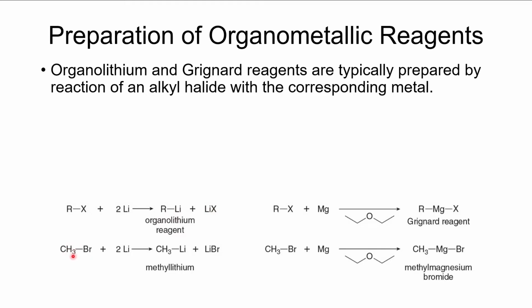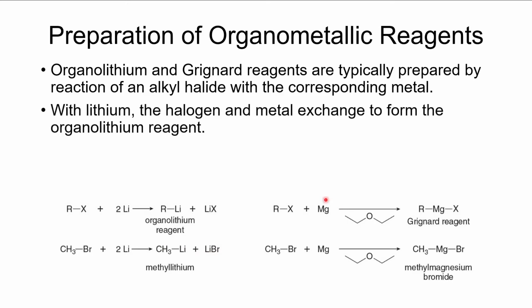Here is a more specific example. We've got bromomethane or methyl bromide, depending on how you want to call it. And when we put that in with 2 equivalents of lithium, we'll get our methyl lithium, which is our organometallic reagent that we can use. And we'll also get lithium bromide. And so that is the exchange reaction that goes on with that.